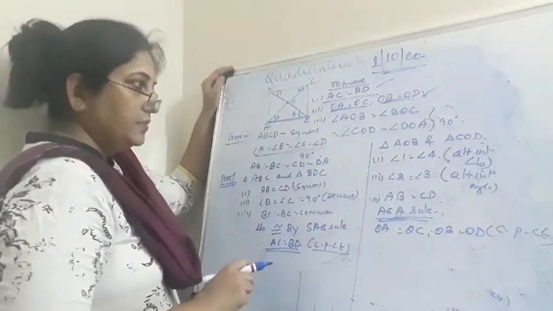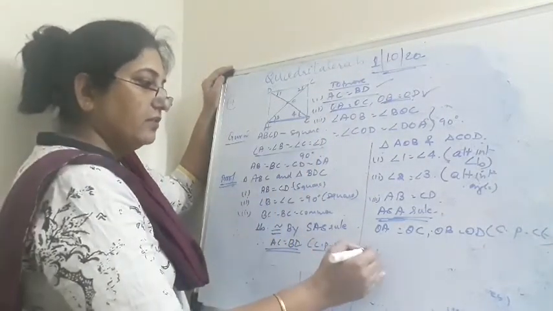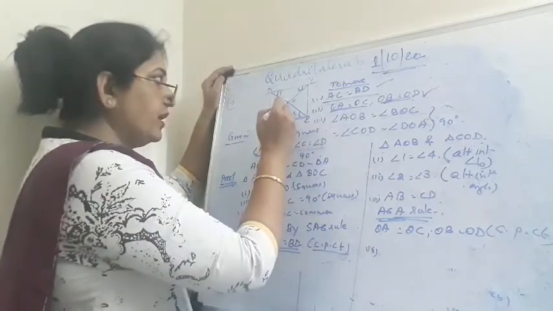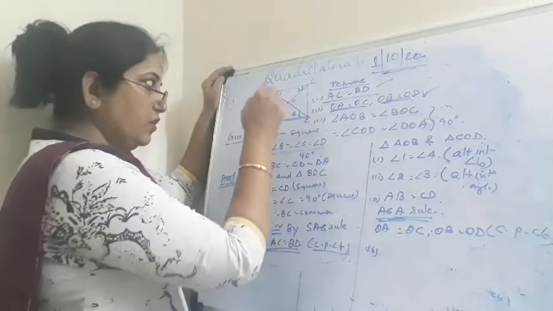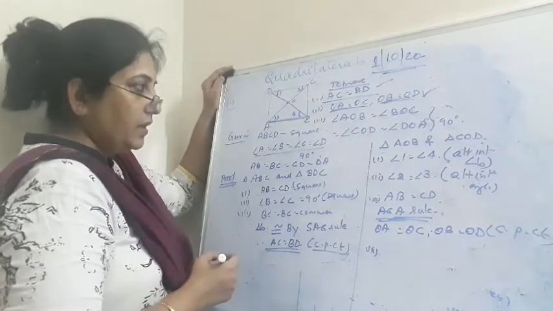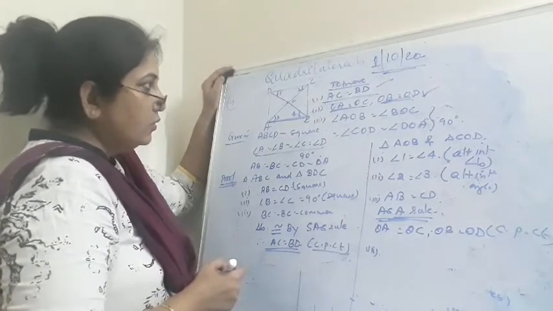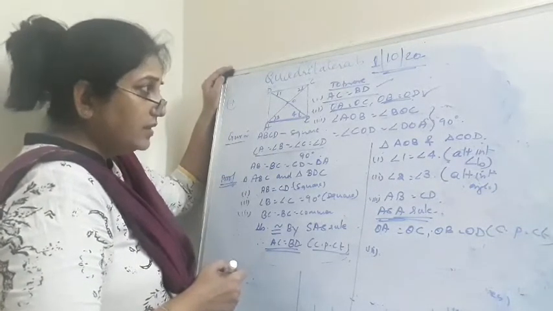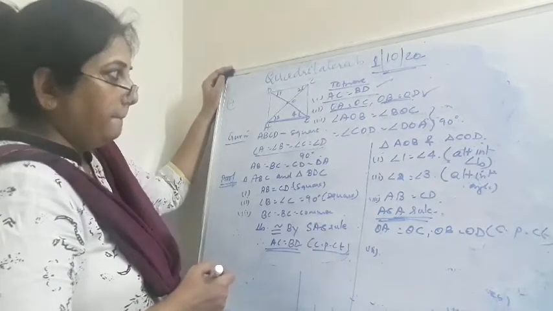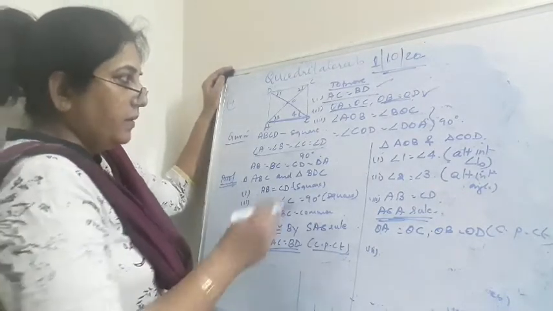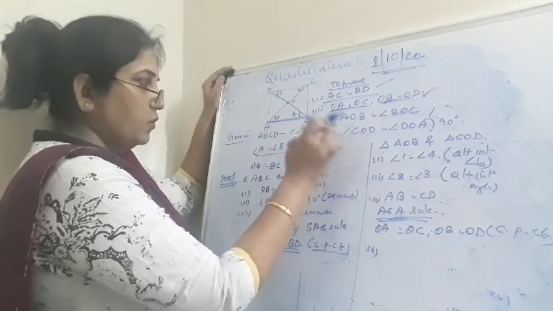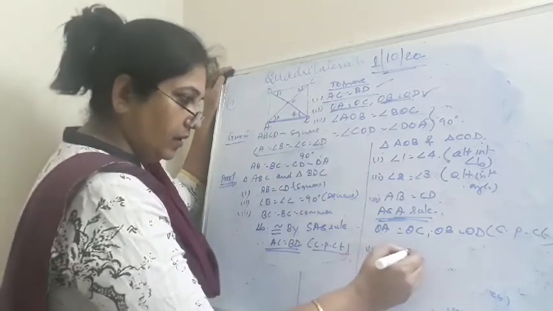Now we have to prove just one more part, which says that the diagonals bisect each other at 90 degrees, at right angles. So which two angles are equal? Let us take angle AOB.